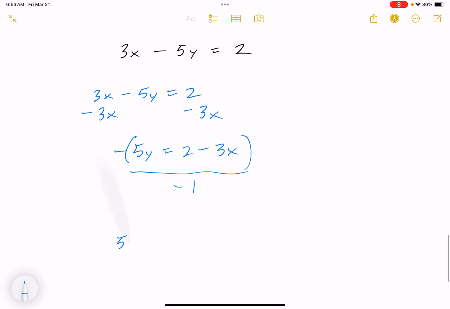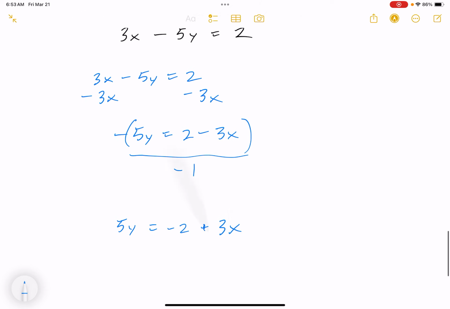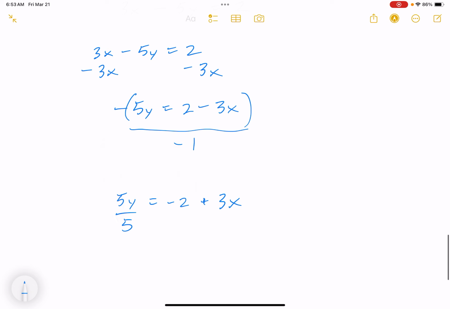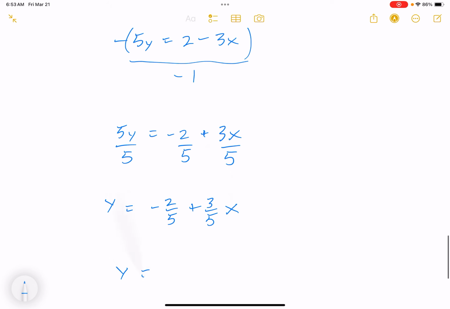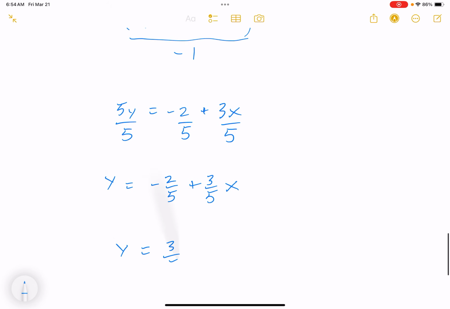So that's 5y equals 2 divided by negative 1, that's negative 2, plus negative 3 divided by negative 1, that's 3x. So now it's easier to solve, right? Now we can divide everything by 5. So y is equal to negative 2 over 5 plus 3 over 5x. Let's change this up: y is equal to 3 over 5x minus 2 over 5.